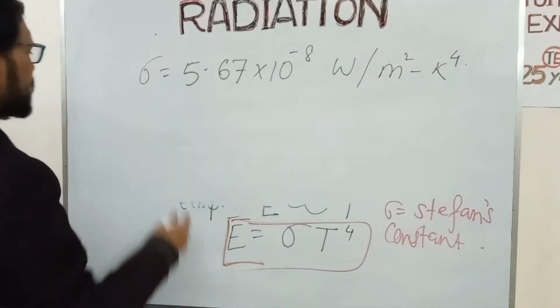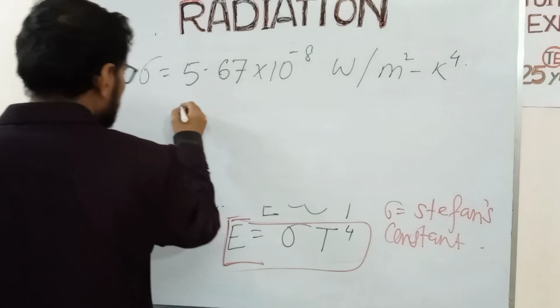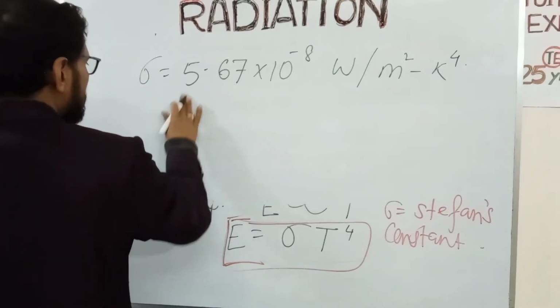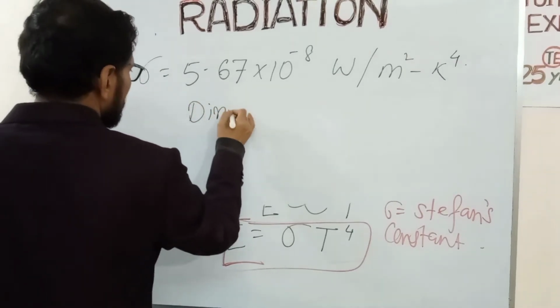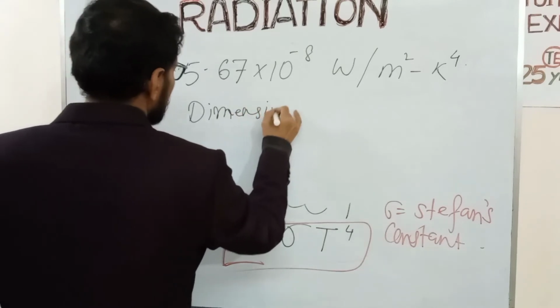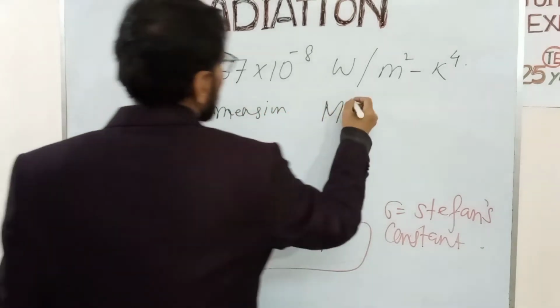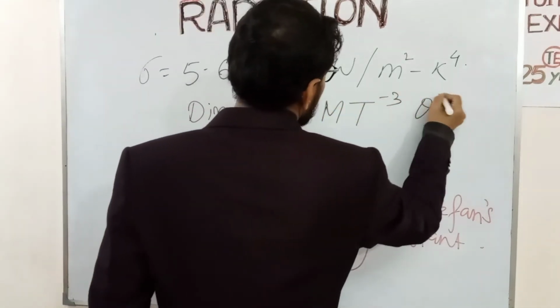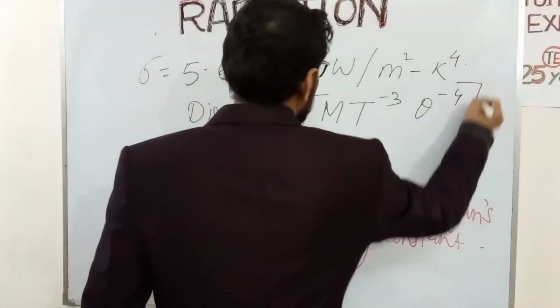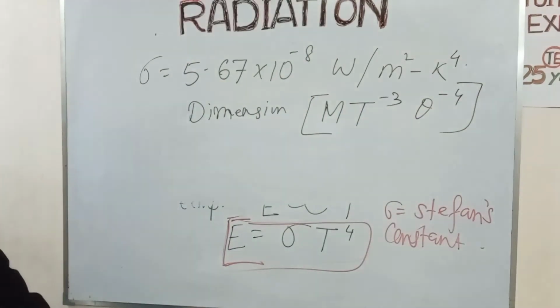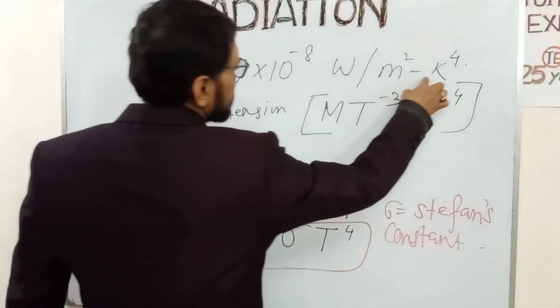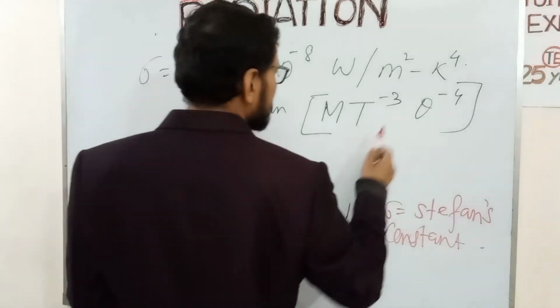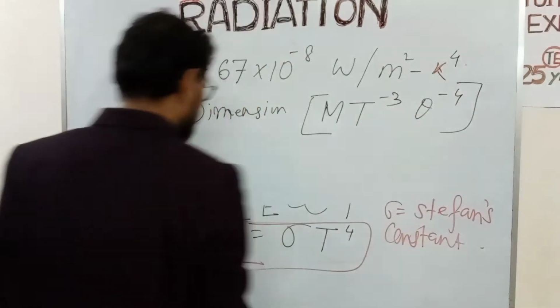So this is the value of sigma, and its dimension will be M to the power 1, theta to the power minus 4, and so on. The value is 5.67 into 10 to the power minus 8 watt per meter square Kelvin to the power 4. K is Kelvin.